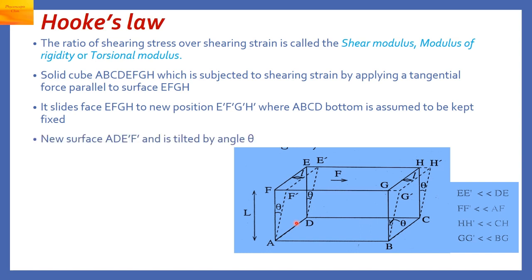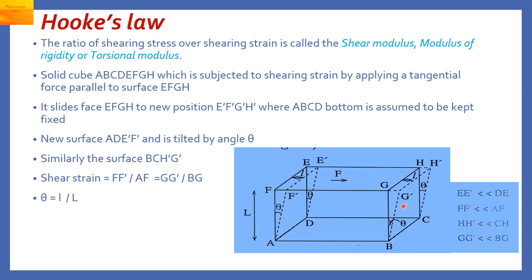You can see that now this new surface, that is A, D, E dash, F dash, is tilted by an angle theta. Same thing we can say for this surface B, C, H dash, G dash, it is also tilted by an angle theta. So we will write down the shearing strain, that is tan theta.